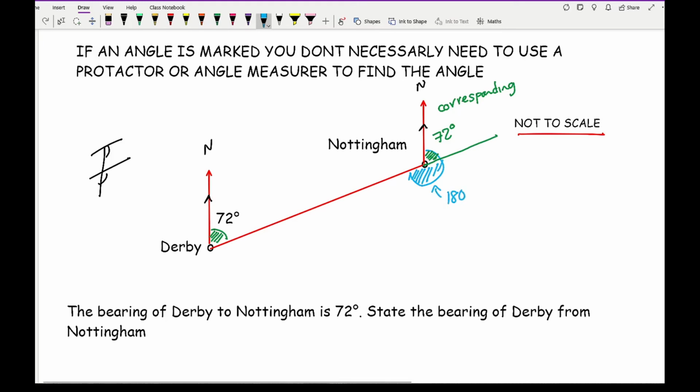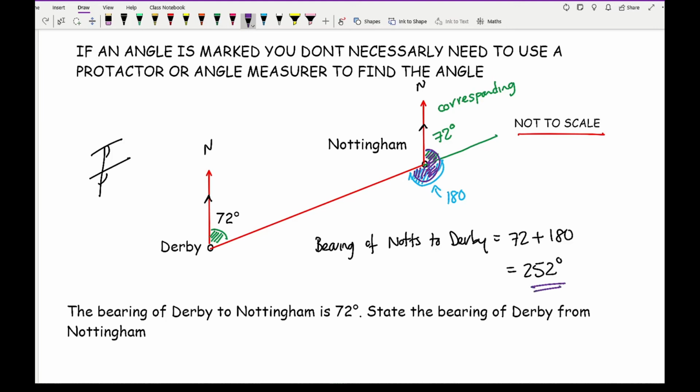So the bearing of Nottingham to Derby is going to be 72 plus 180, which gives me an answer of 252 degrees. Now, does this angle look correct? Well, yes. The reason why is because it is a reflex angle. So it's this angle that I need to find, and there is my final answer.